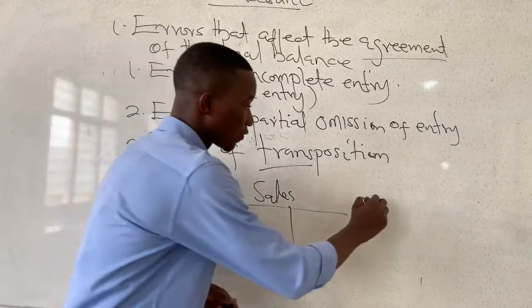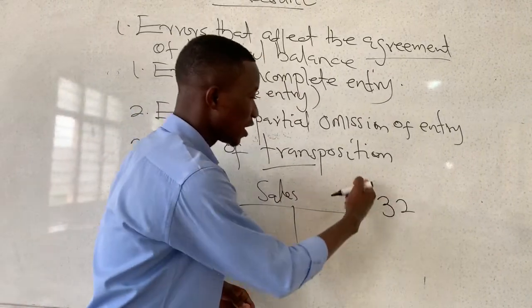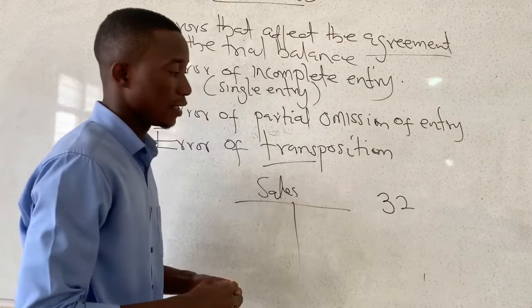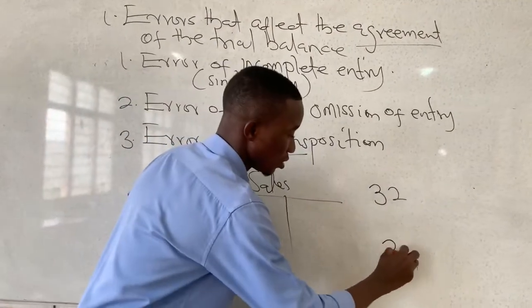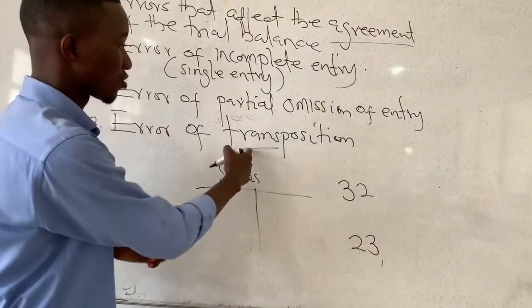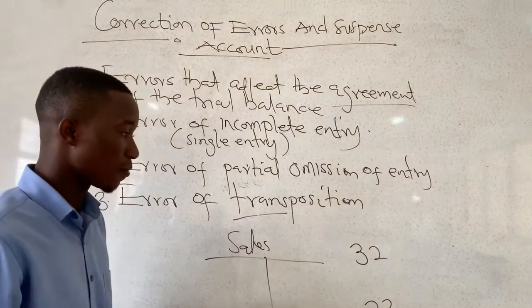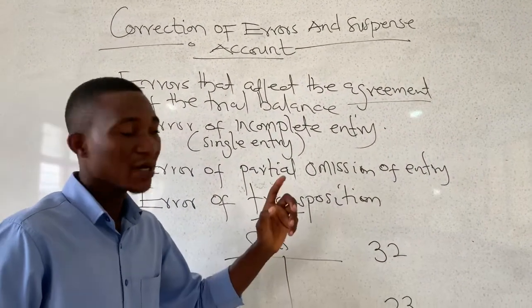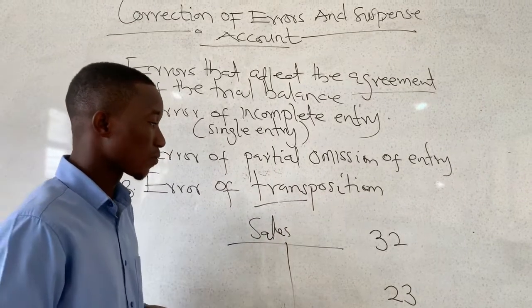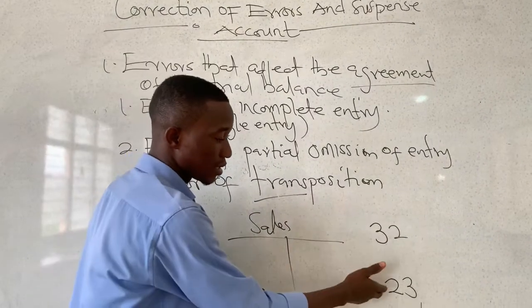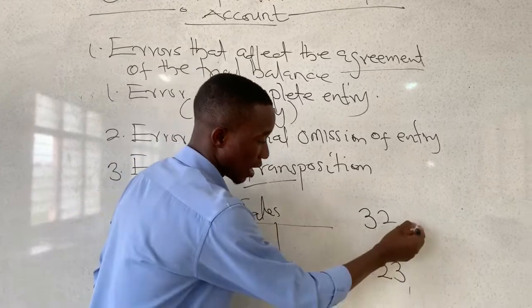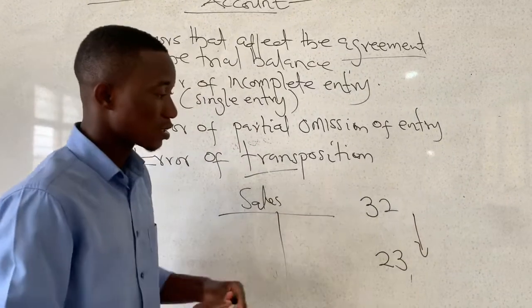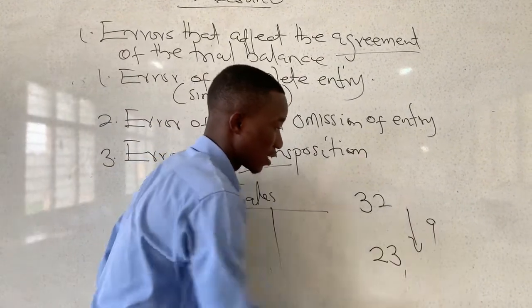Okay, instead of $32, we've changed the position of the amount and we made it 23. This is transposition. We've only changed the position. And error of transposition may lead to either an overstatement or an understatement of an amount. Instead of 32, we made it 23. It means we have understated the sales amount with a difference of $9.